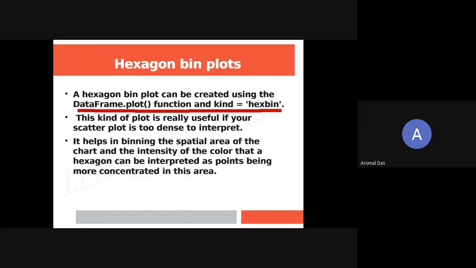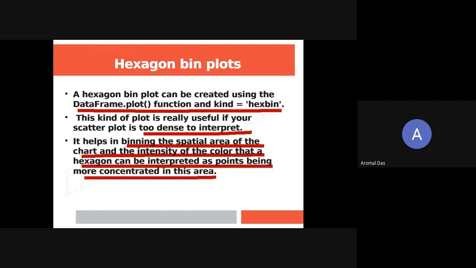This kind of plot is useful when a scatter plot is too dense to interpret. It bins the spatial area of the chart, and the intensity of the color of a hexagon can be interpreted as points being concentrated more in this area. So how the points are concentrated, that is what this plot will visualize.